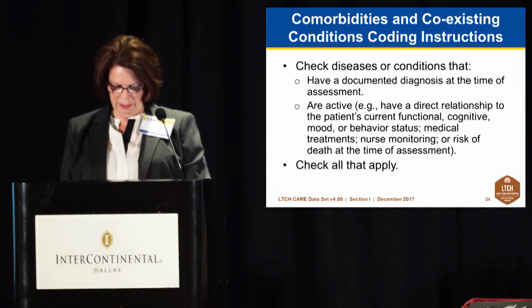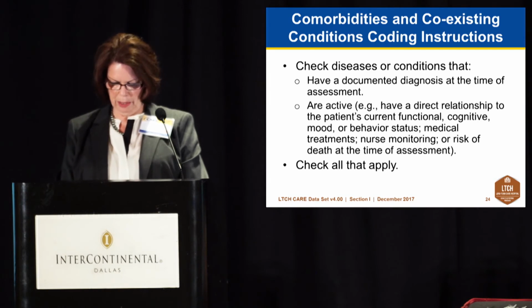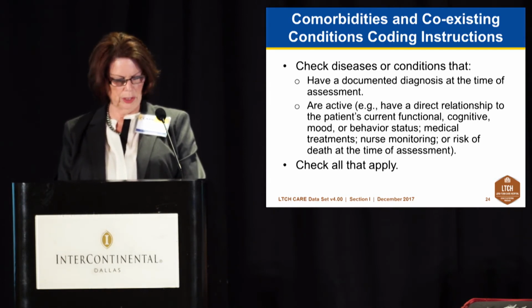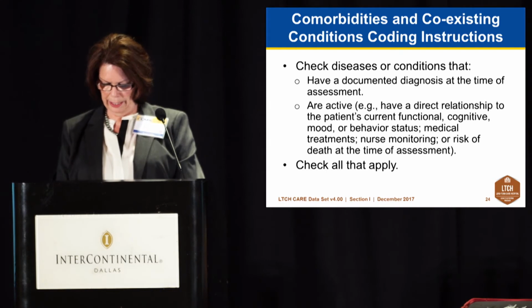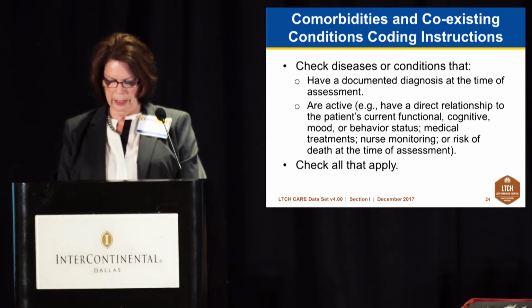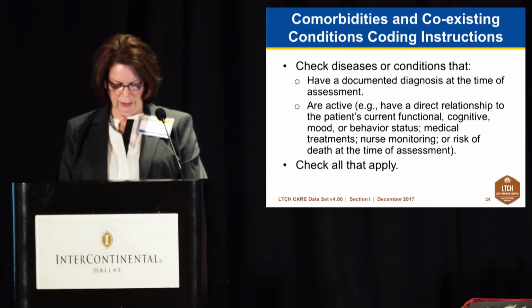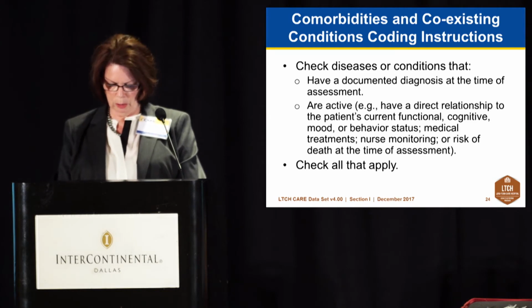There must be specific documentation in the medical record by a physician or designee of the disease or condition being an active diagnosis. The physician or designee may specifically indicate that a diagnosis is active. Specific documentation areas in the medical record may include, but are not limited to, previously mentioned sources of documentation.